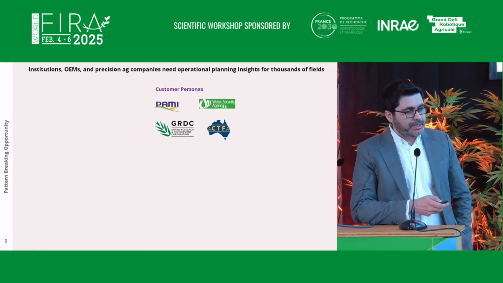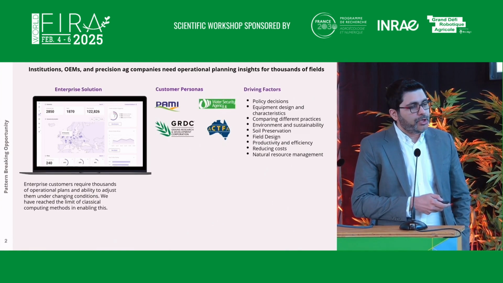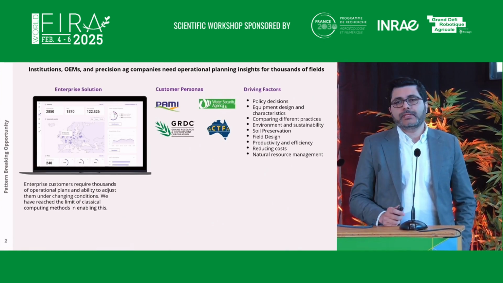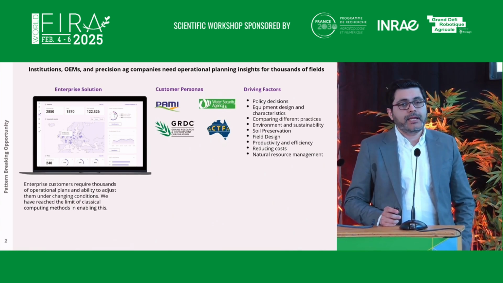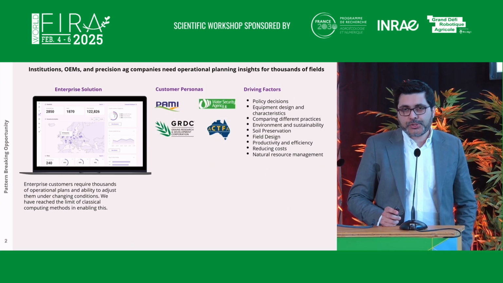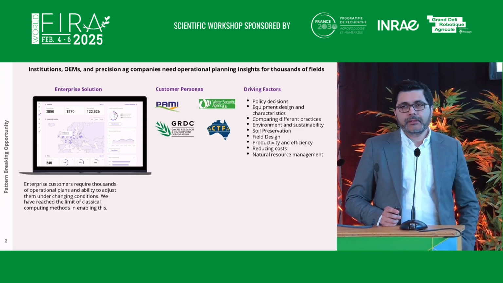Okay, so how did this particular project start? The motivation actually came from research organizations and policymakers in the agricultural space. So Verge Agriculture was approached by PAMI in Canada.